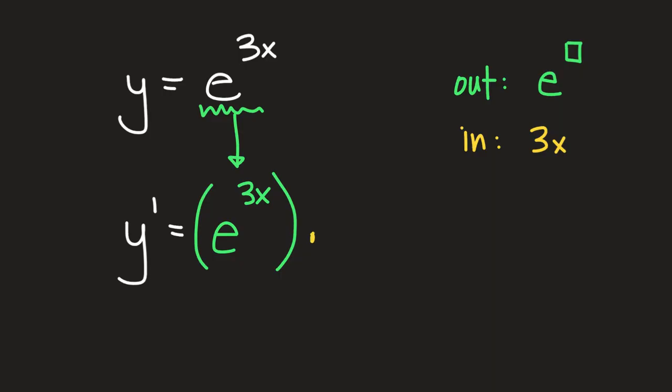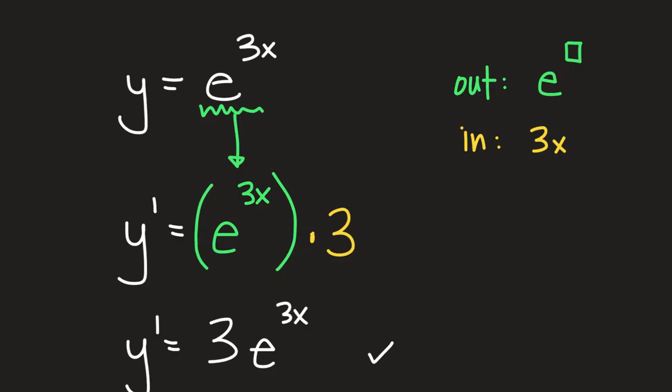So the derivative of 3x is 3. And like we normally do, we write the number in front of the equation. This is multiplication. Remember, anytime we do a chain rule, it's always multiplication. We never have any pluses or minuses in between our terms.